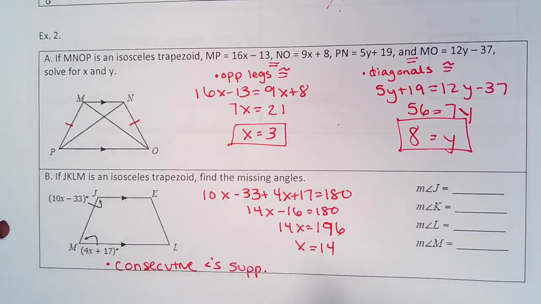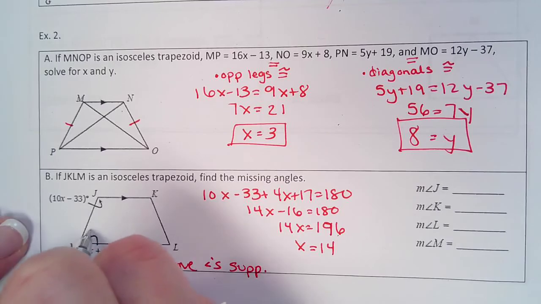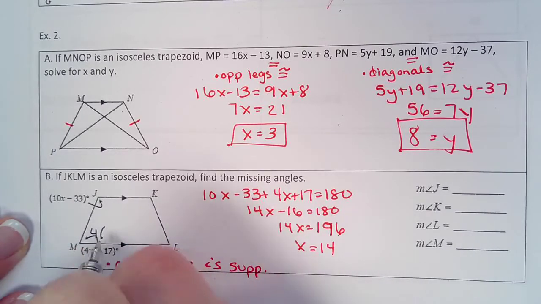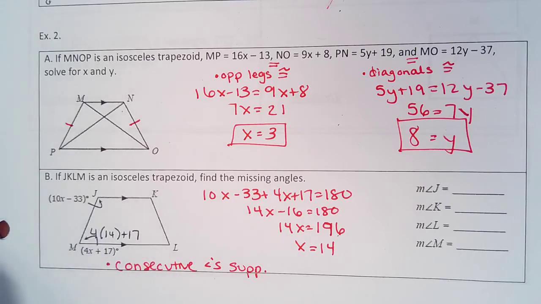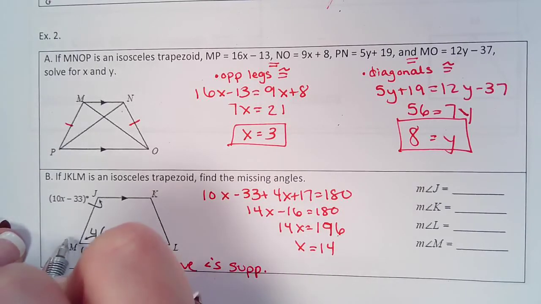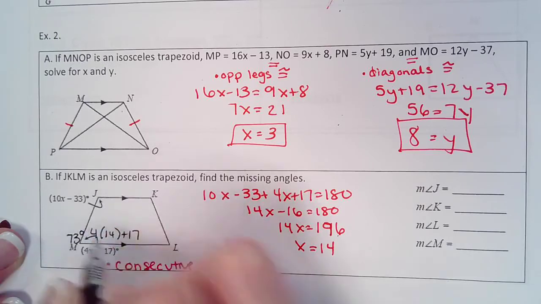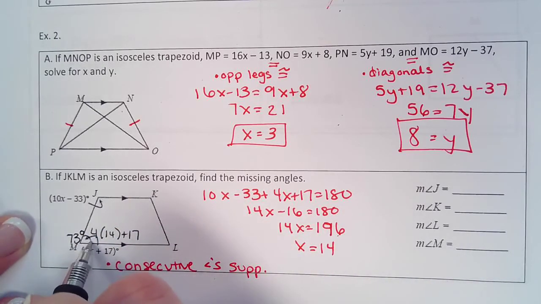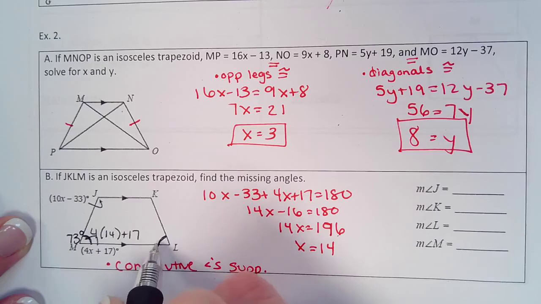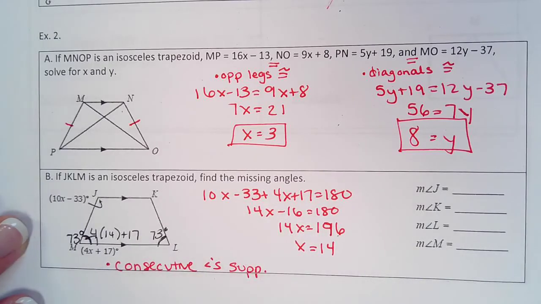So if x is 14, then I can go back in and plug it in. So I have 14 times 4 plus 17. So angle M is 73 degrees. If this is an isosceles trapezoid, that means angle L is 73 degrees.